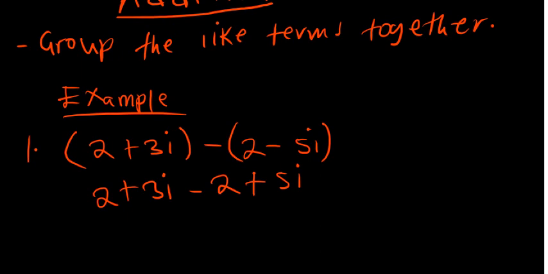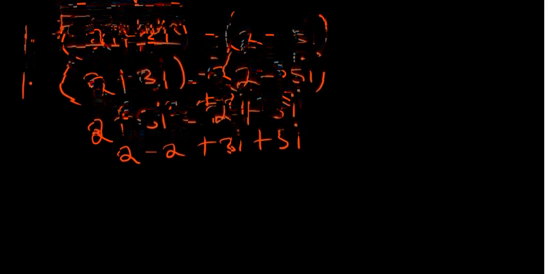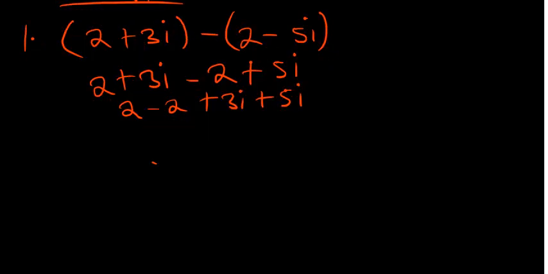So you're going to say 2 minus 2 plus 3i plus 5i, and this will give you a 0, and here plus 3 plus 5 is 8, so you're going to have 8i. So in short, this answer will just be written like this. You won't write the 0, there is no need to write the 0 in front.